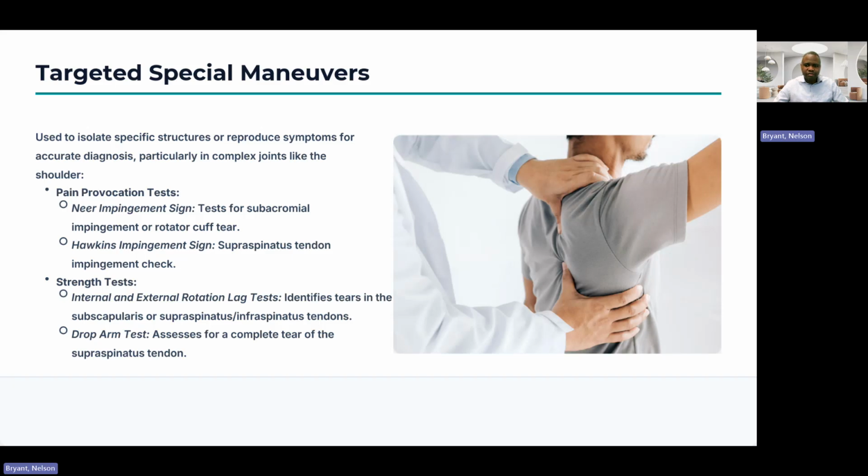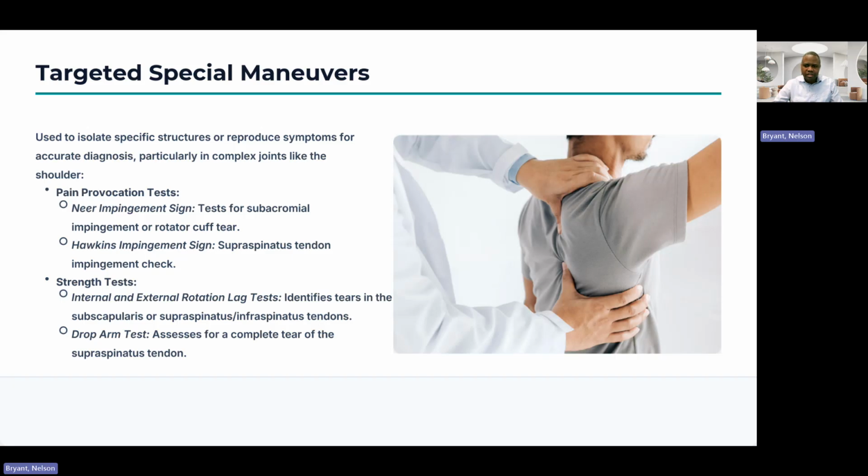It works by forcing the greater tuberosity of the humerus against the anterior inferior acromion, reproducing pain, as you see in the picture, when the rotator cuff or biceps tendon is compressed, which helps detect subacromial impingement syndrome and rotator cuff tears.